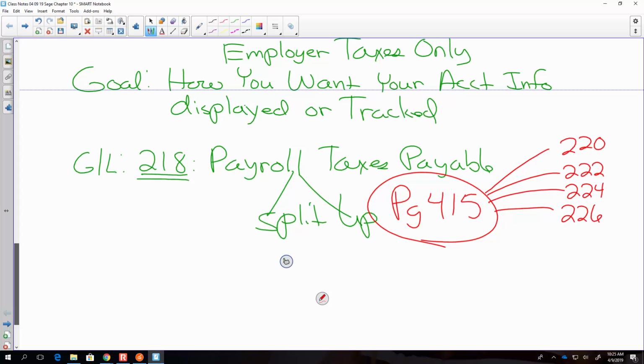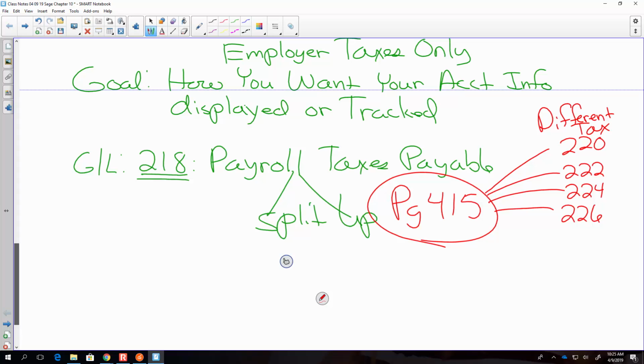Why am I splitting those up? They're different taxes, right? So in the setup, we're first picking a general account, but then further in the setup, you're actually going to break it down into the proper taxes.